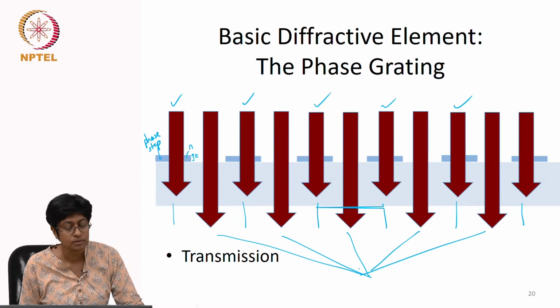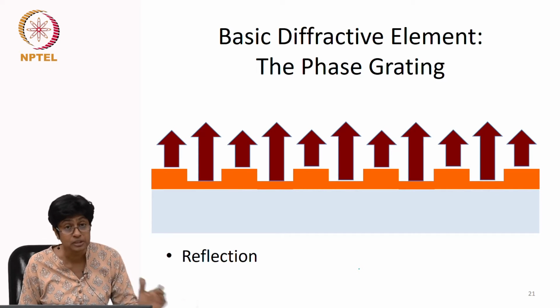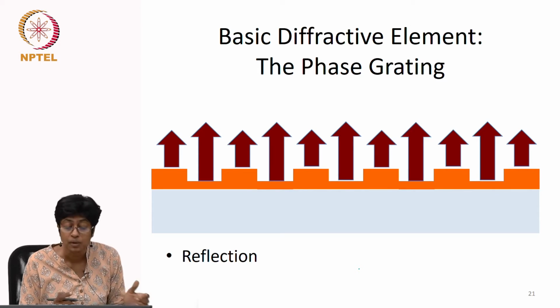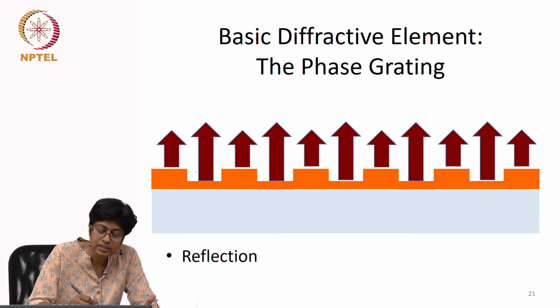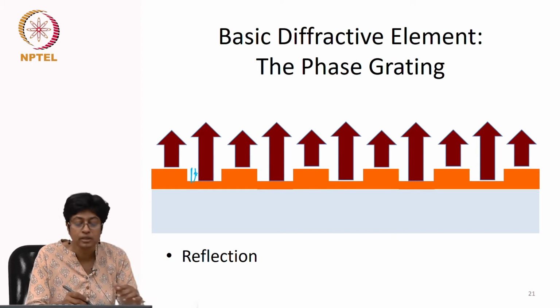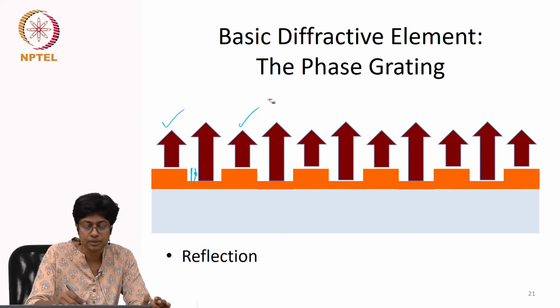These are both examples of transmission elements. I could have reflection elements where, though both sets are reflected, this light is reflected after going through twice this distance. So it goes down and it comes up, so it has traveled twice a distance more than these beams.